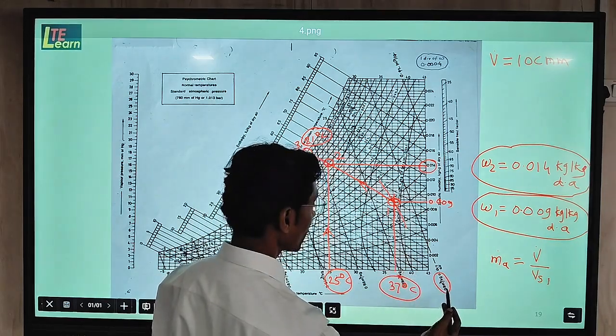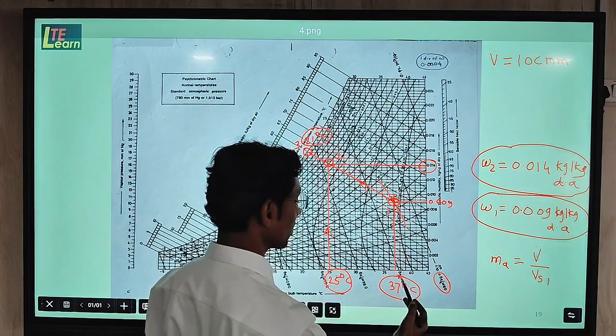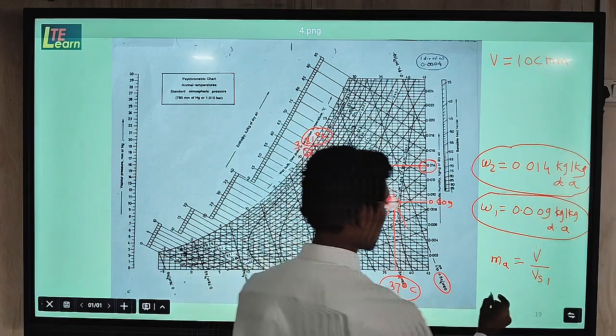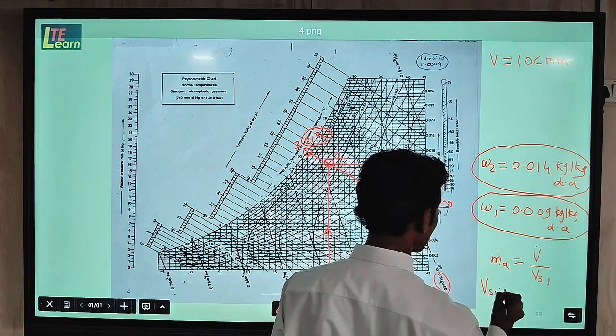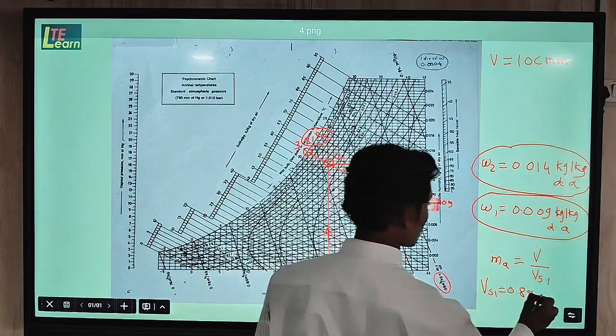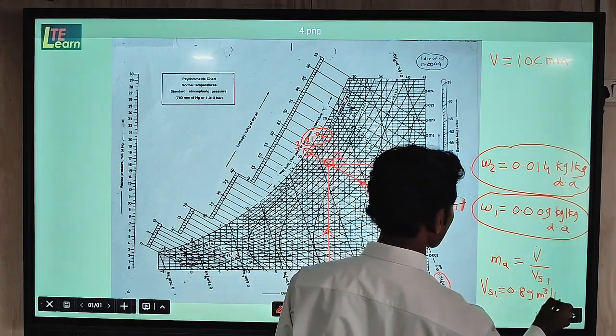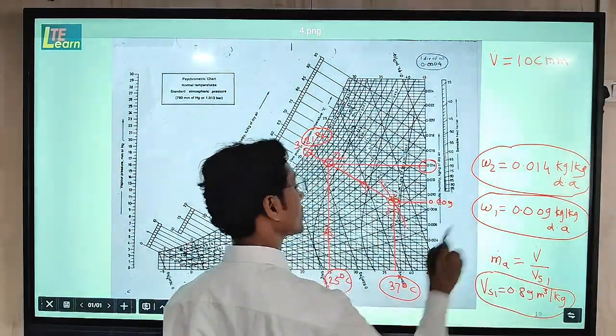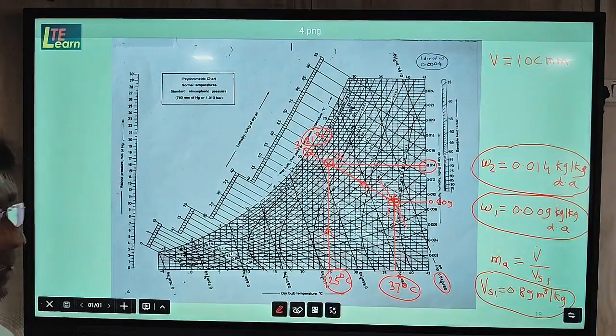So here is 0.9 specific volume, here is 0.88. So the specific volume of this point from the chart we will get 0.89 meter cube per kg.